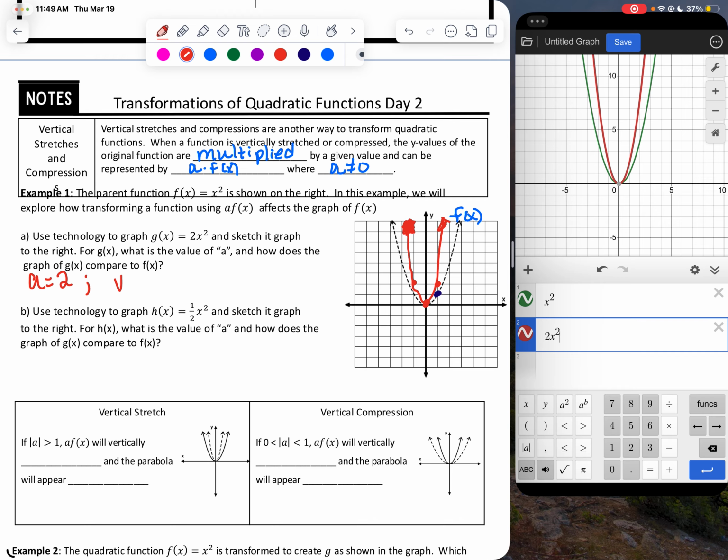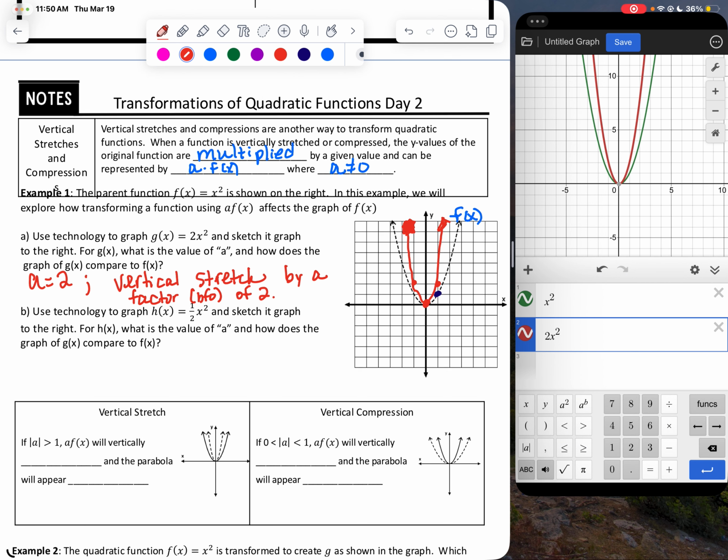This would be a vertical stretch because the y values were stretched by a factor of 2. Vertical stretch by a factor of 2.